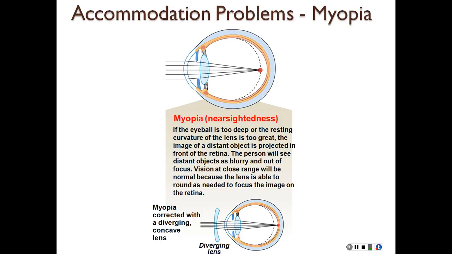A person who has myopia is given corrective lenses that are diverging lenses, and that allows the focal point to fall right there on the center of the fovea centralis. So the eyeball is too long, the focal point ends up in front of the retina. Okay? It's because the eyeball is too long.